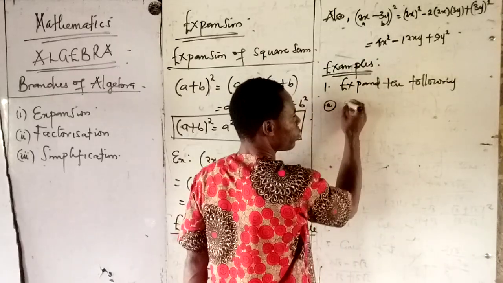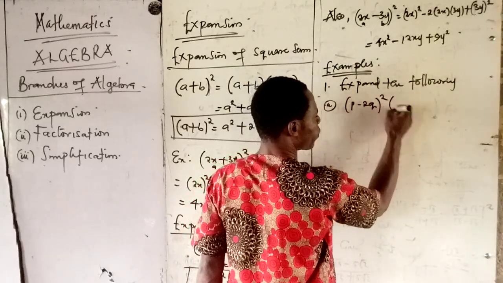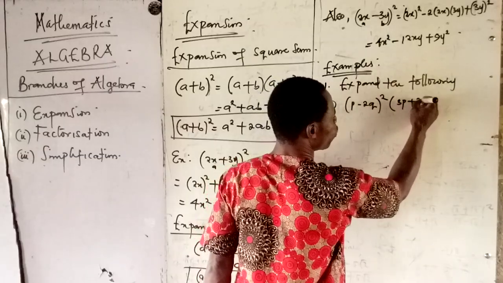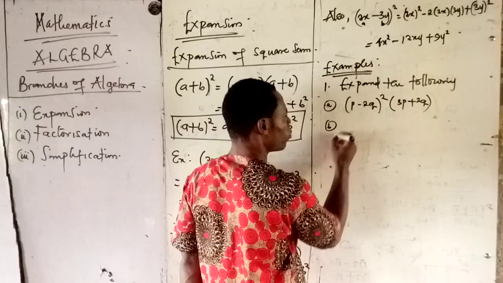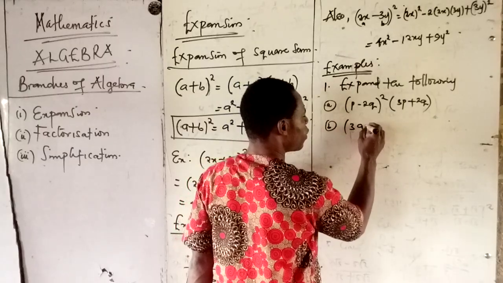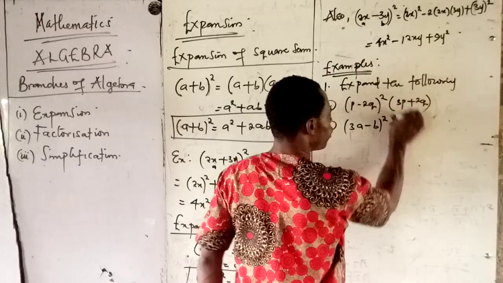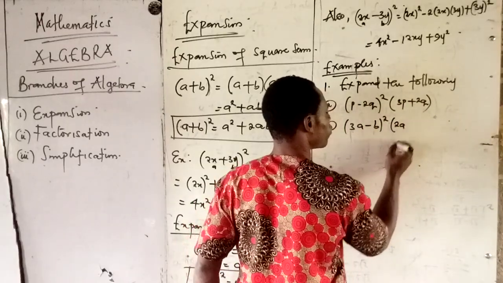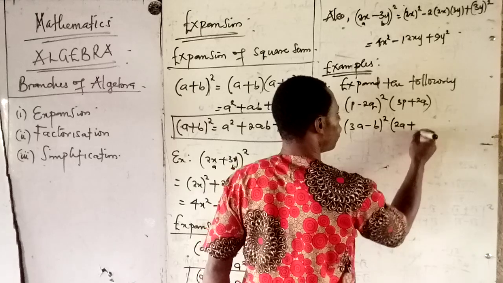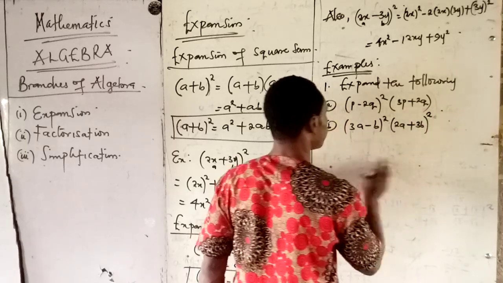A: p minus 2k all square, 3p plus 2k. Okay? Look at B: 3a minus b all square, 2a plus b plus 3b all square.